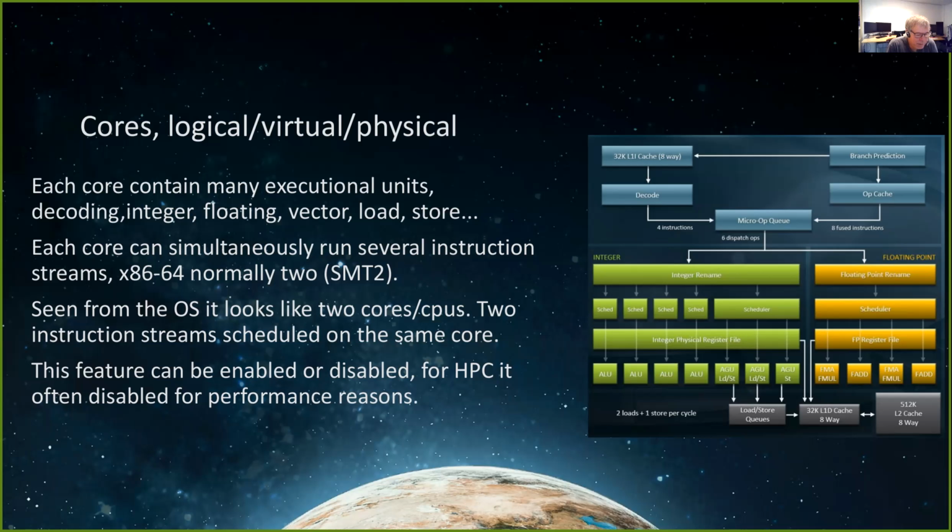So these 2 threads might compete for the same resources within the hardware, which means that it might be slower to run 2 threads competing for the same hardware than one that does not compete. So it's a trade-off. Generally, it's better to turn the hyperthreading or the logical cores off, or set the SMT to none. This is done in some systems, and some systems have the SMT on.